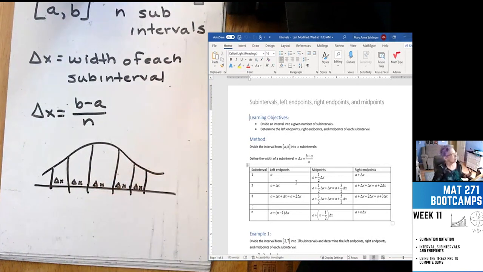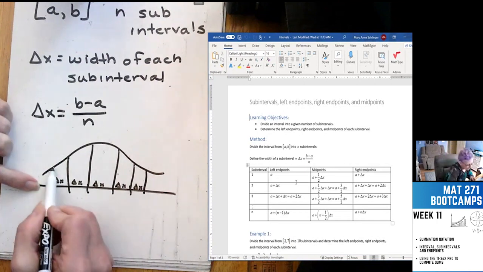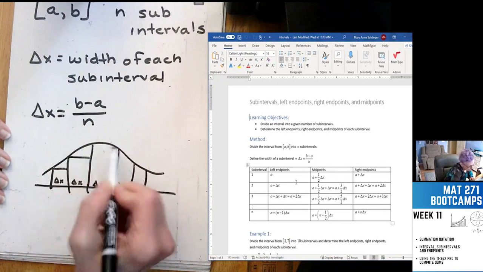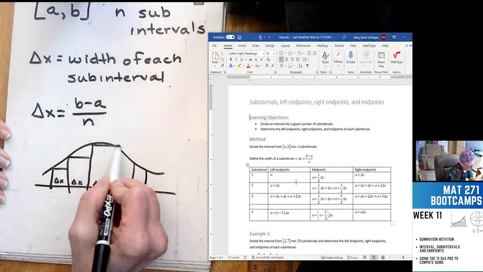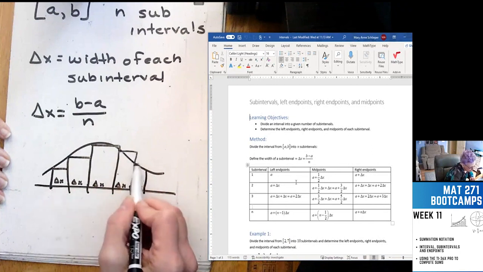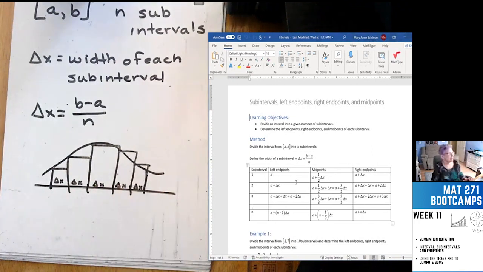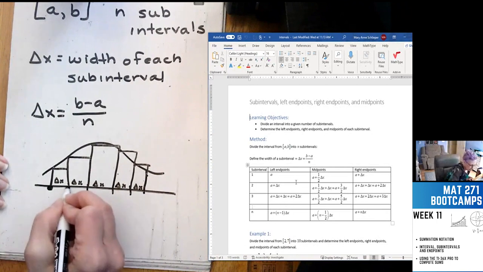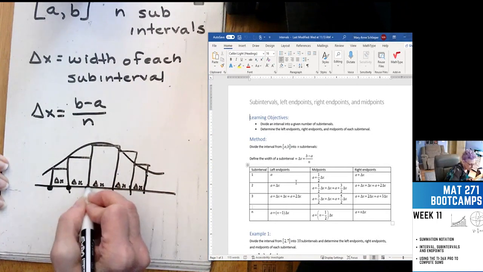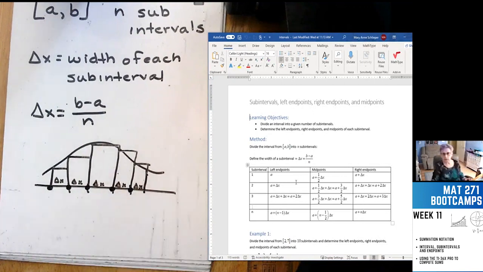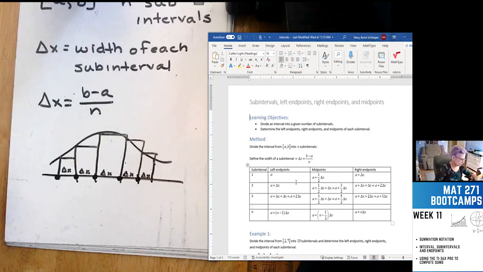So our goal for Riemann sums will be to find the area of each rectangle. I'm going to draw in these rectangles whose height is equal to my left endpoint. So I need a convenient way of determining each of these left endpoints.